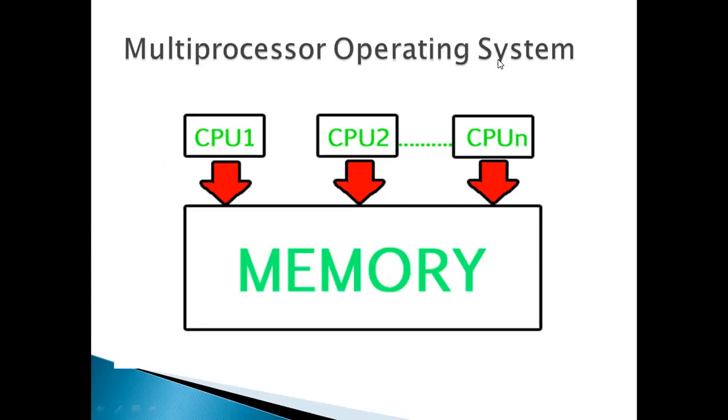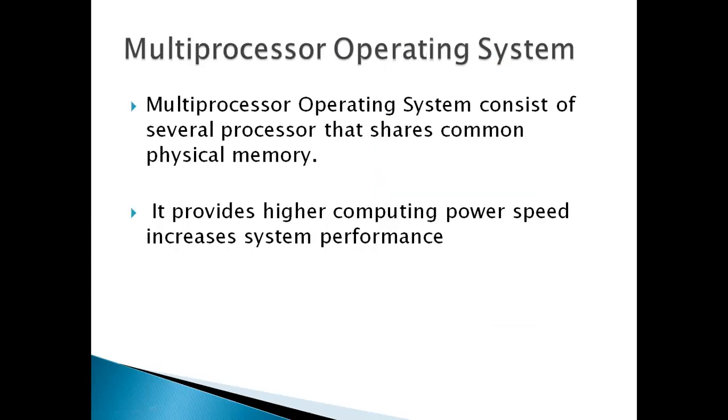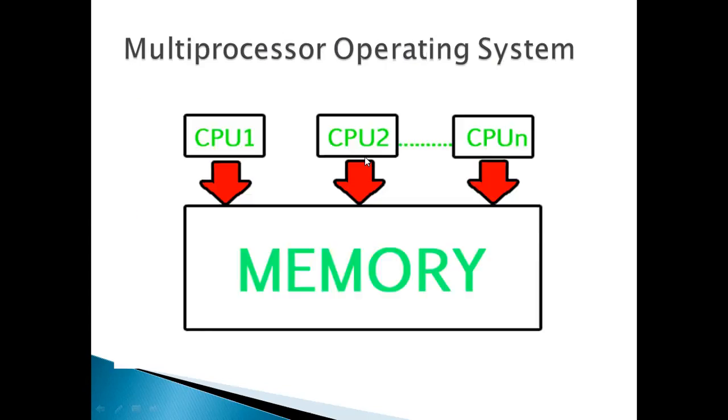A multiprocessor operating system consists of several processors that share common physical memory. Again, the word with multi is processor. There are multiple processors, but there has to be something common between them, so they share common memory.